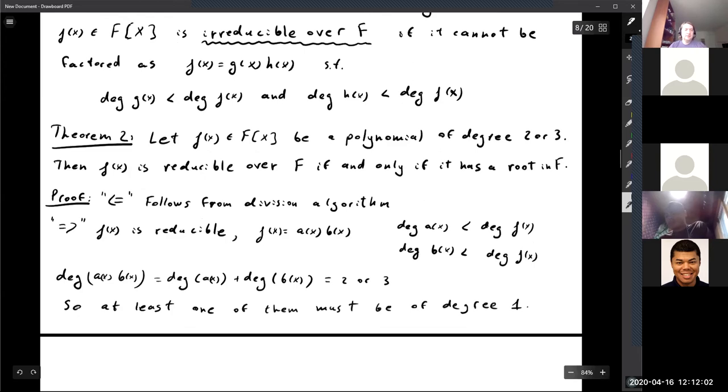Now, without loss of generality, we can assume that a of x equals a1x plus a0, and then minus a0 over a1 is a root of a of x, and hence of f of x.